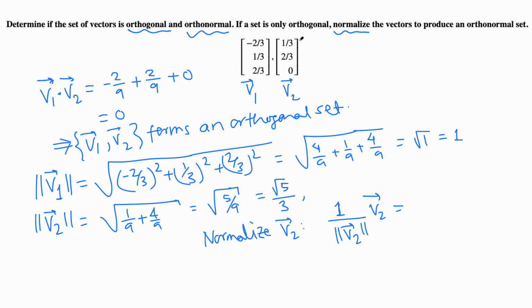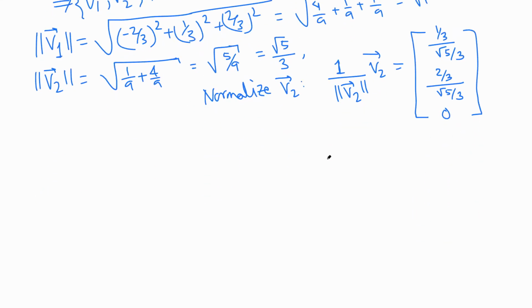So 1/3 divided by root 5/3, 2/3 divided by root 5/3, 0 divided by this, just 0. This one is in fact, 3 cancels, 1 over root 5, 3 cancels, 2 over root 5, 0.